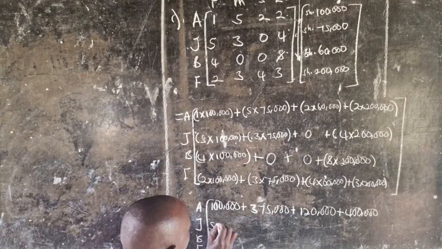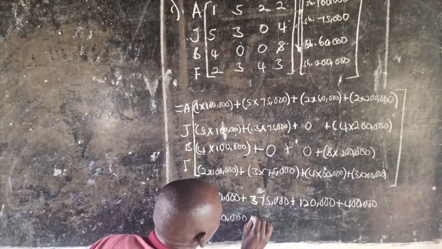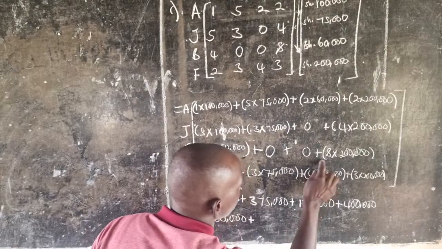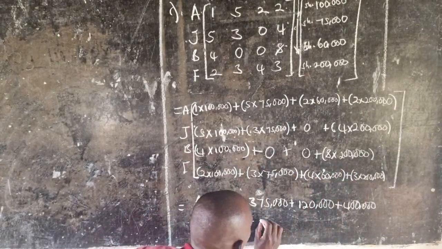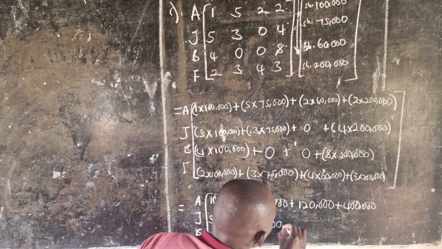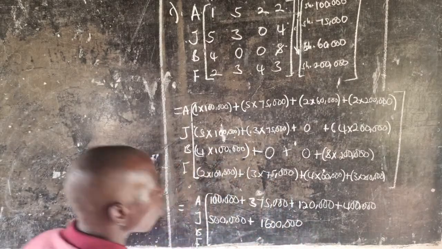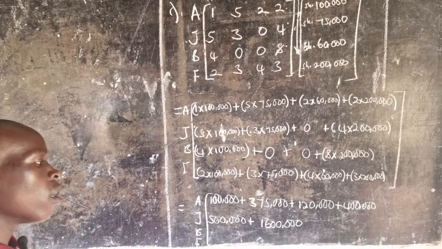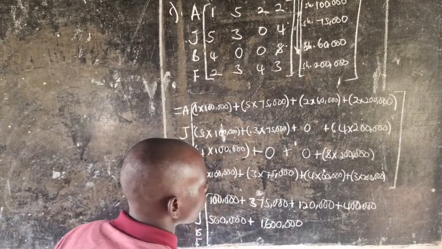She has 500,000 here plus this and that. There is 1,600,000.